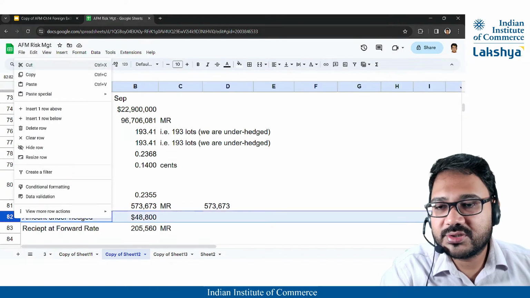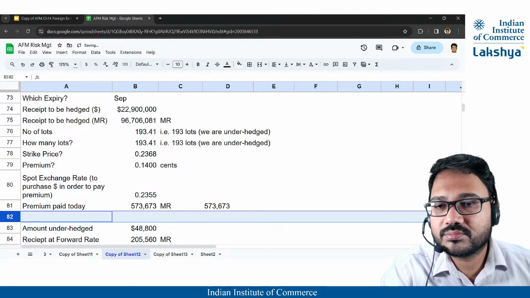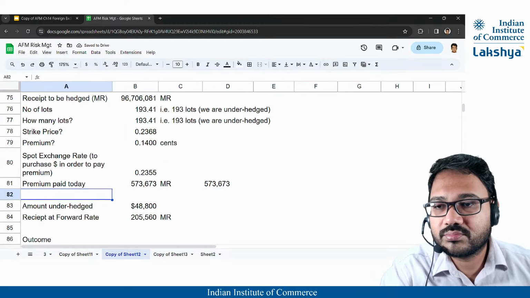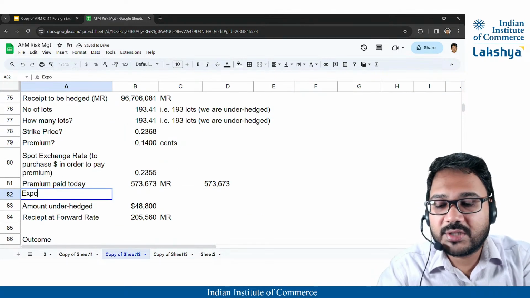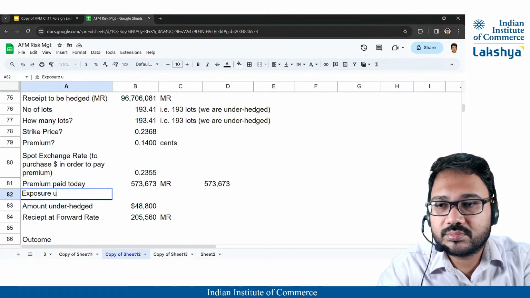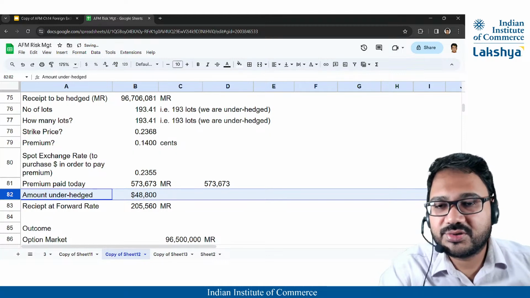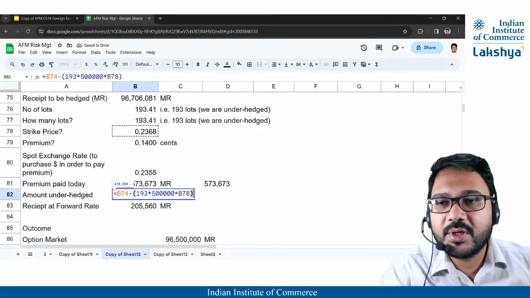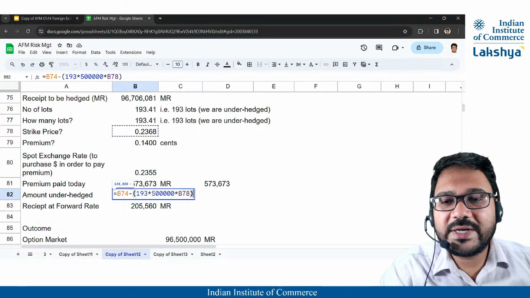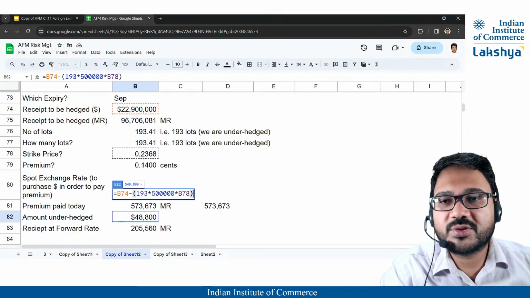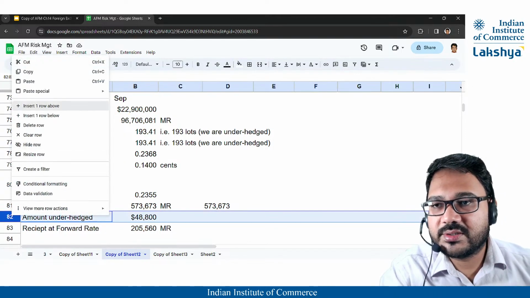So you could just say exposure under the hedge. Let's just do it because we don't have time. Okay, so your actual exposure is 22.9, but under the hedging, okay, I'll just write.